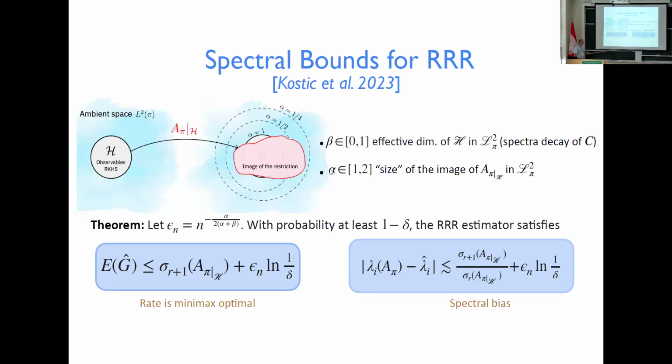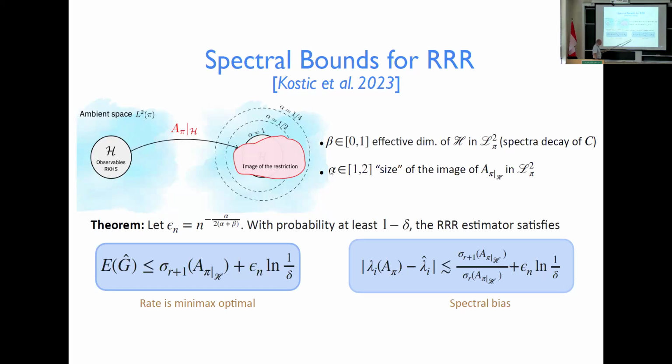How it goes to 0 in n depends on these two parameters, alpha and beta. The smaller beta, the slower the rate, and the larger alpha, the better the rate. If alpha is equal to 1 and beta is close to 0, this is the so-called parametric rate in statistics, which is of order 1 over square root of n.